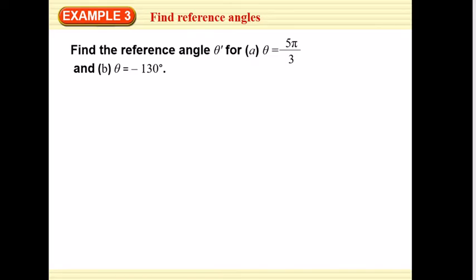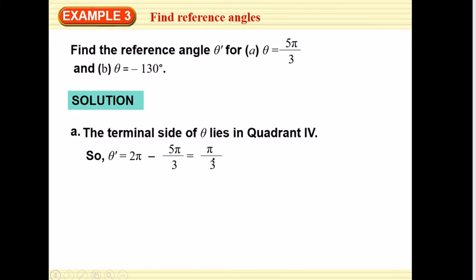So let's look at an example. Find the reference angle theta prime if theta is 5 pi over 3. So first I need to figure out which quadrant that is in. Alright, terminal side lies in the 4th quadrant, and how I determine that is, I simply draw out my little picture, and I have that at the top of my page. I know that this is pi over 2, or 90 degrees. I know that this is pi, or 180 degrees.